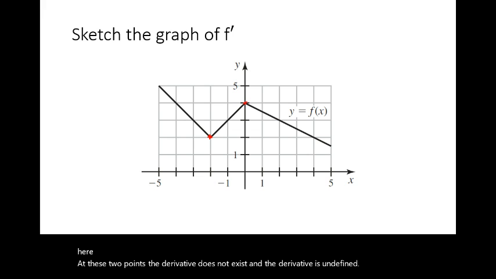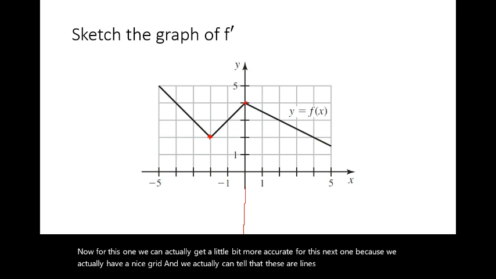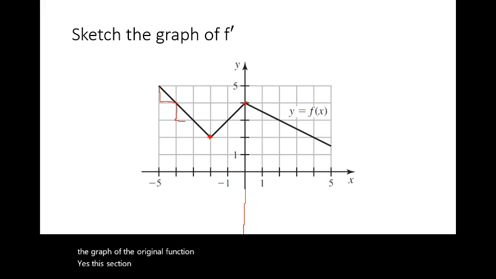Now, for this next one, we can actually get a little bit more accurate because we have a nice grid, and we can tell that these are straight lines, and we can figure out what the slopes of those lines are just by looking at the graph. So for the graph of the original function, this section is clearly decreasing. You can tell that we're going down 1 over 1.